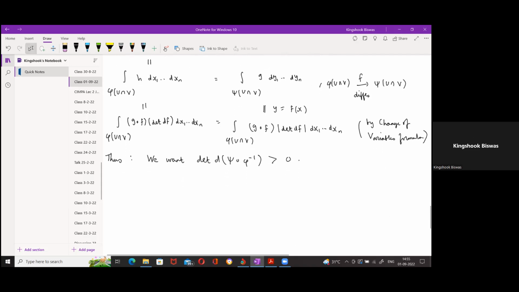understanding that we need a certain extra hypothesis on our manifold.